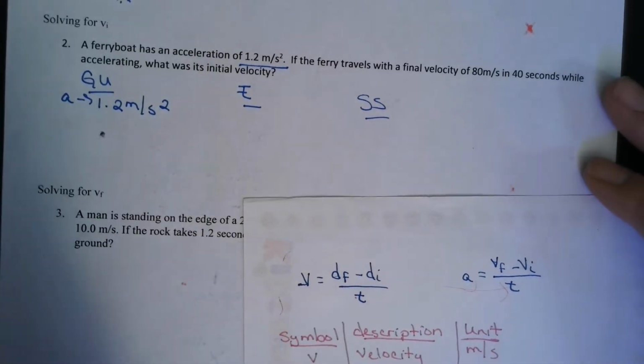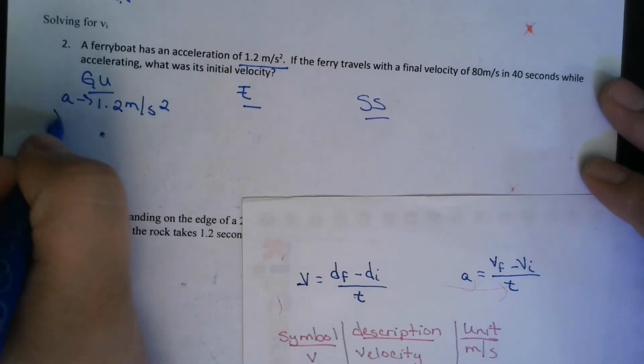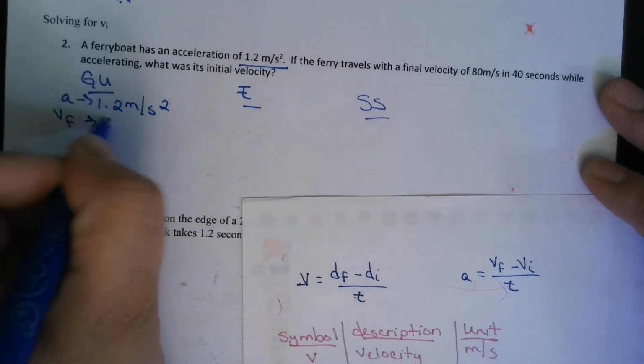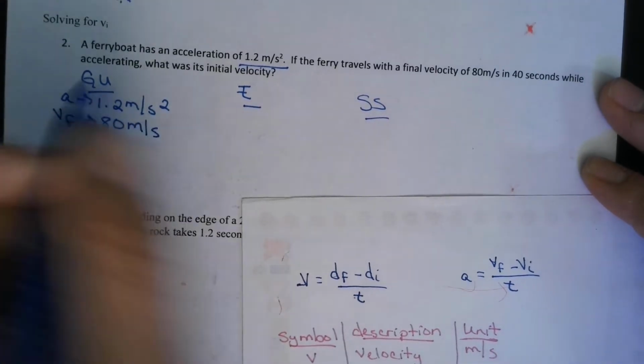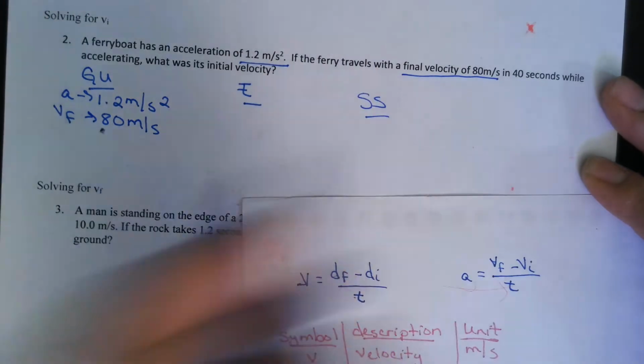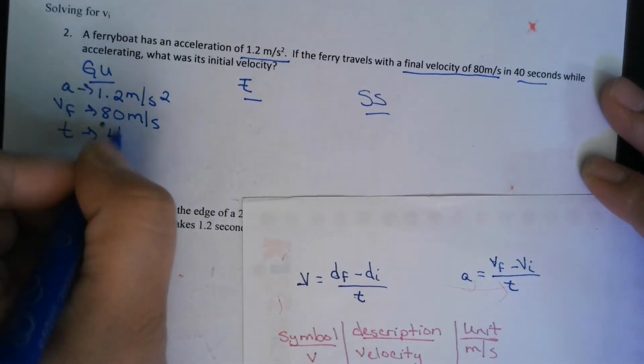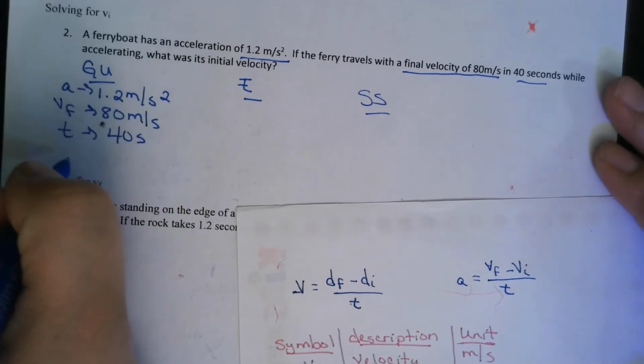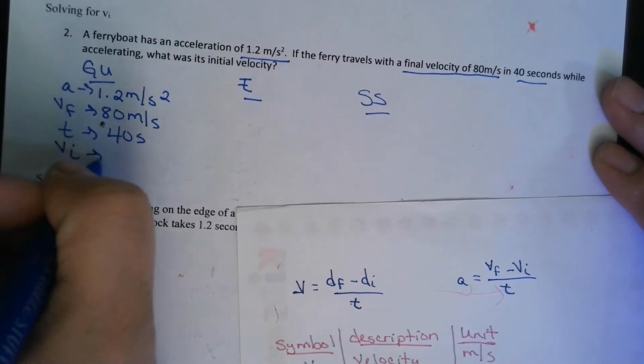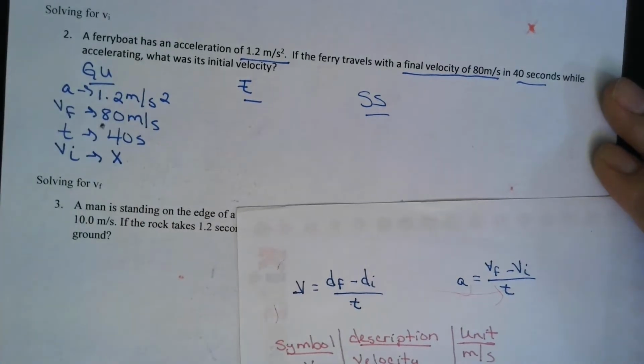If it travels with a final velocity of 80 meters per second, final velocity, in a total of 40 seconds, what was the initial velocity when it first started? So that's our unknown, that's x.